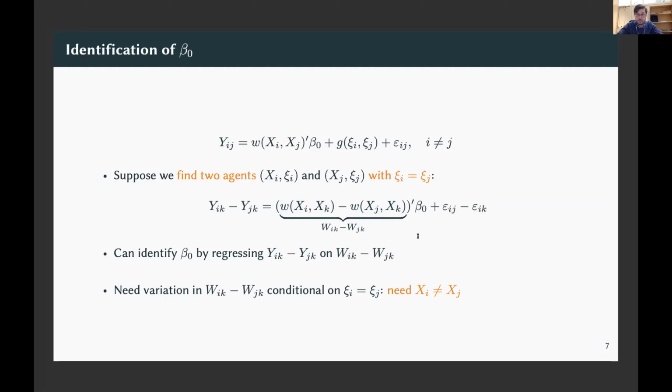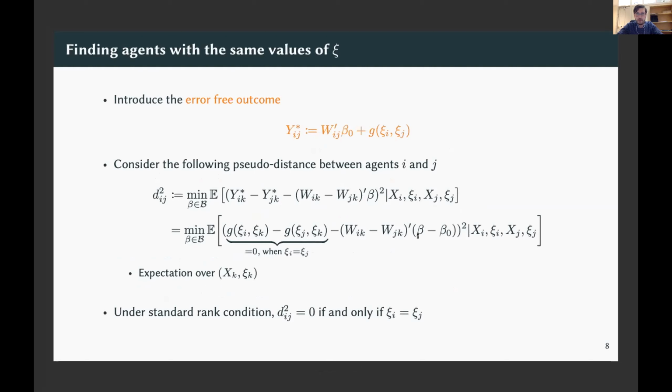So to recap, the problem of identification and estimation of beta naught in this model can be reduced to the problem of finding pairs of agents with the same values of their unobservables, but with different values of their observed characteristics x's. Now I'm going to talk about how this can be done. To make further progress on that, let me introduce the following notation.